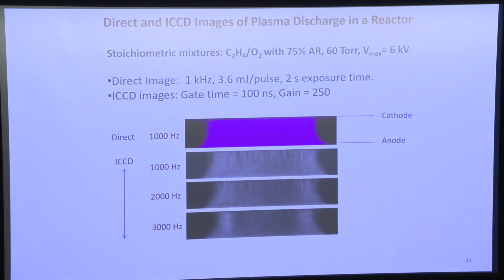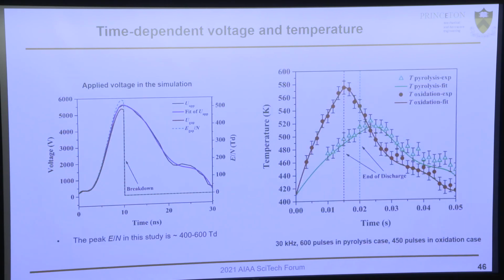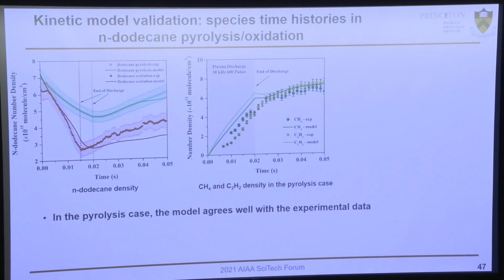We developed the mechanisms for n-dodecane and other hydrocarbons with plasma-assisted combustion. This is the experimental data, and this is the computational modeling. By doing this, you can develop many experimentally validated plasma-assisted combustion models, so we can do combustion synthesis modeling and chemical synthesis.